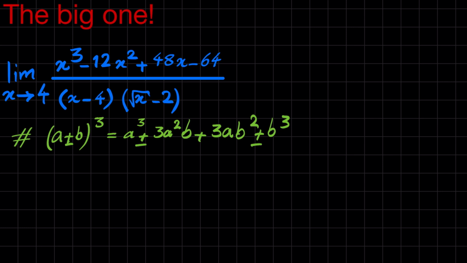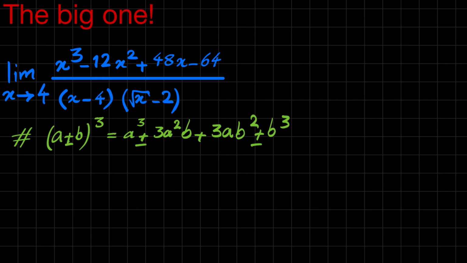So for a start, if we check this formula written down below, we could see that a plus b cubed or a minus b cubed is a cubed plus 3 times a squared times b plus 3 times a b squared plus b cubed, or for the subtraction the b cubed is going to be negative, and the 3 times a squared b is going to be also negative.